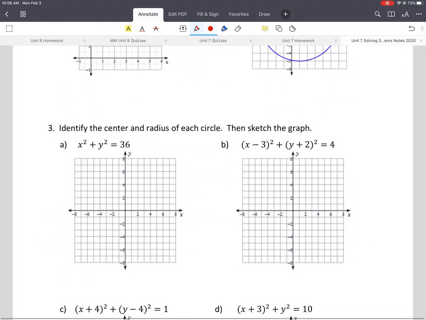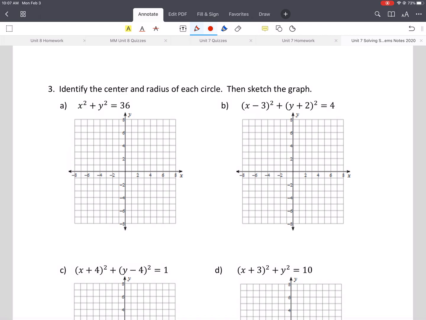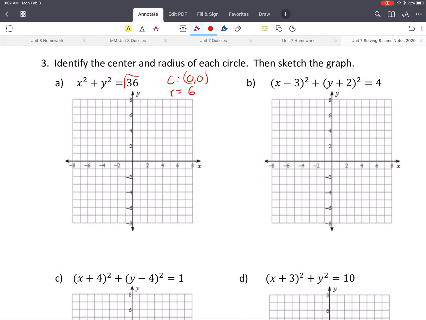All right, now identify the center and radius of each circle. So identify the center and radius. Here the center would be (0, 0), and the radius is 6, so we take the square root, and then we're going to sketch the graph. So basically the opposite of what we just did.